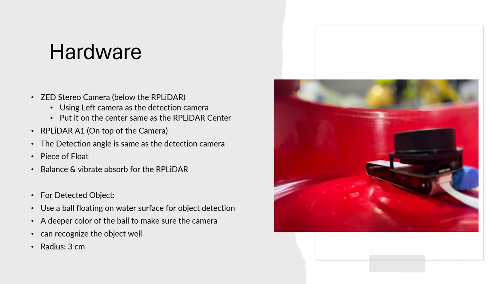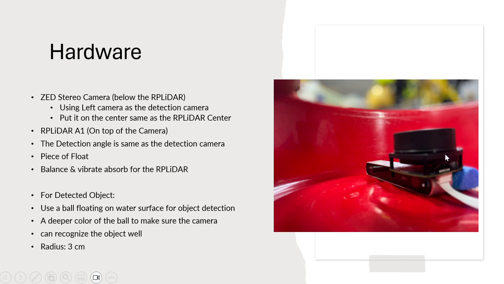Now is the system design. For the hardware, we can see it on the right part. We use the camera below the RPLiDAR, and because of the time limit, we use a single camera, the left camera, as the detection camera, placed at the center, same as the RPLiDAR. The RPLiDAR A1, mentioned before, sits on top of the camera, and its detection angle is the same as the detection camera.